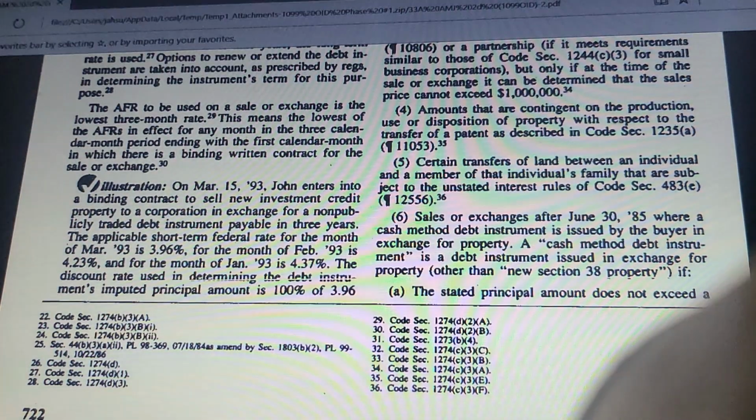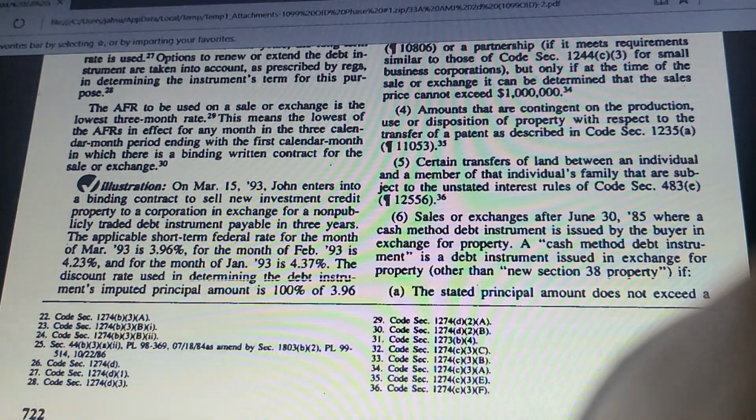Illustration: on March 15th, '93, John entered into a binding contract to sell new investment credit property to a corporation in exchange for a non-publicly traded debt instrument payable in 3 years. The applicable short-term federal rate for the month of March '93 is 3.96%. For the month of February '93 is 4.23%.